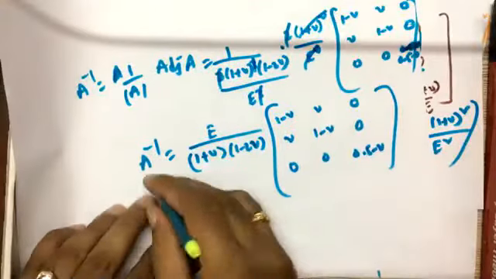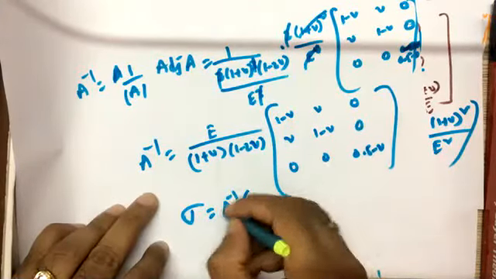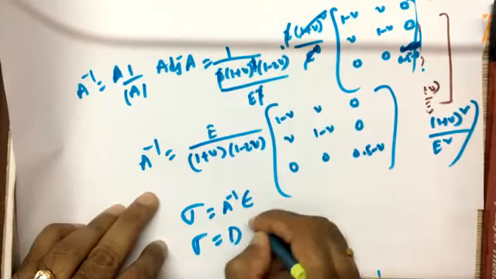So how did you get this A inverse? Sigma is equal to A inverse into epsilon. So this is in the form sigma is equal to D into epsilon.